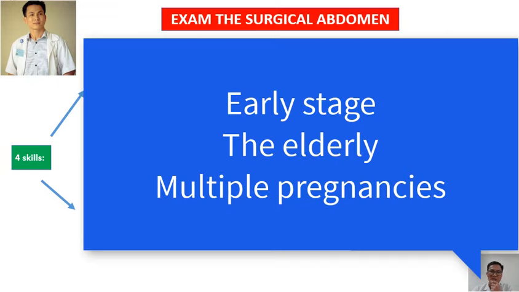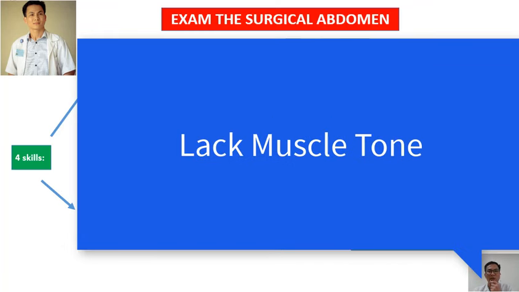Early in the disease process or in a specific population, such as the elderly or those with multiple pregnancies, there may be a loss of abdominal muscle tone, leading to a lack of warding even in a serious condition.